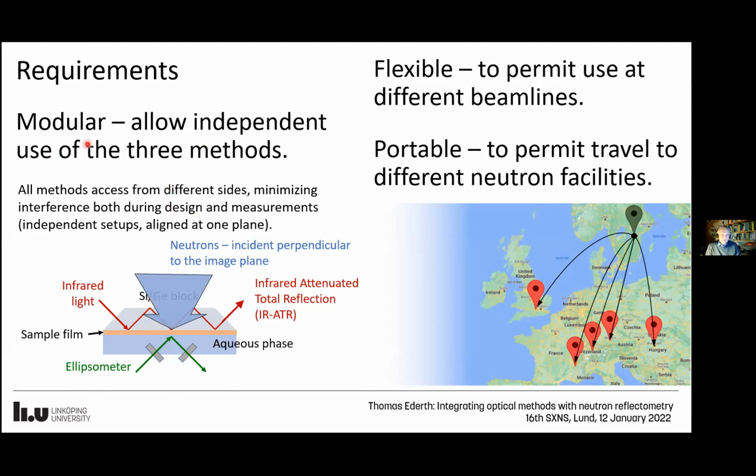The modularity is related to the flexibility. We wanted this to be a setup that could be used at different beamlines, so it should be relatively easy to rearrange, and we wanted it to be portable. We found that we were using experiments at different beamlines, and we did not want to be stuck with one facility or one beamline, but rather have the flexibility to do this at different places.